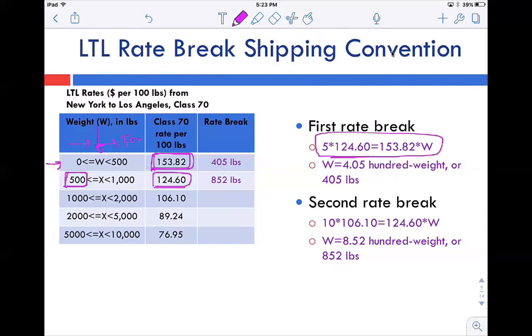Why do we know that it's going to be the minimum if we use this equation versus this W? We know that its rate is already decreased in the second category, right? That's why. If you do the math, you see that 405 is going to be your first rate break.